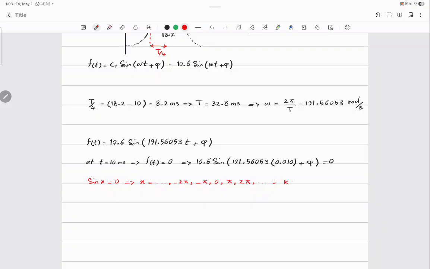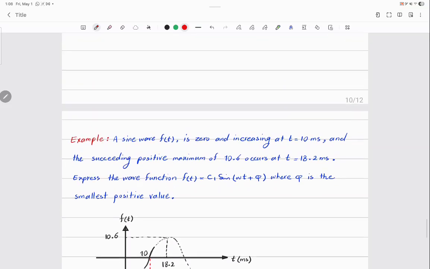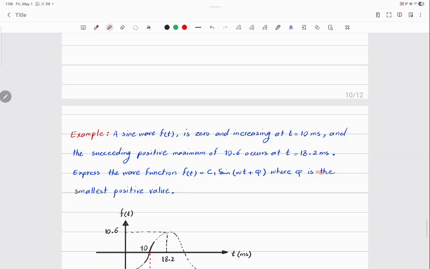Generally, you write it as k pi, which is any multiple of pi. It has infinite answers, this equation. But if you look here, it says phi is the smallest positive value.